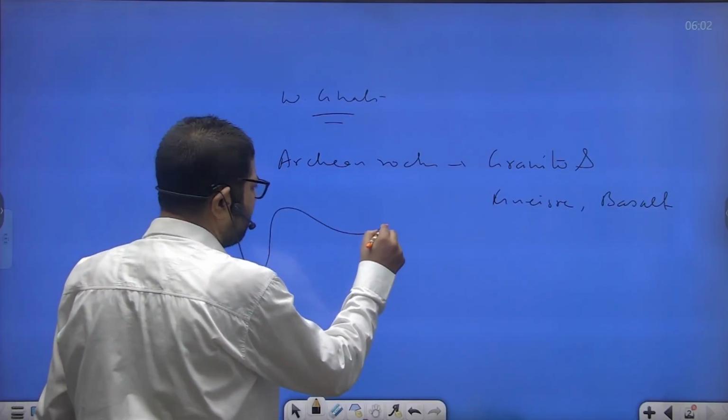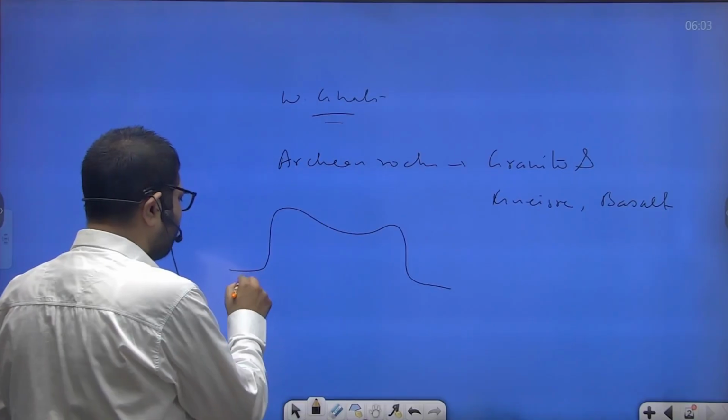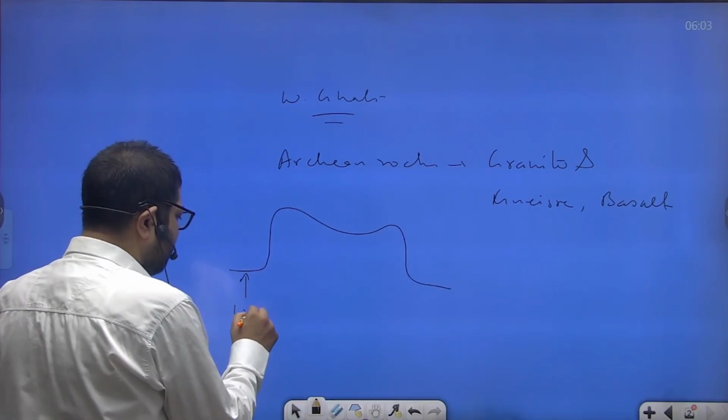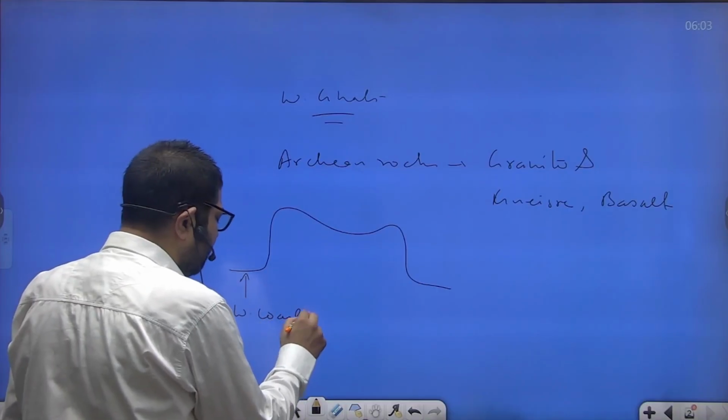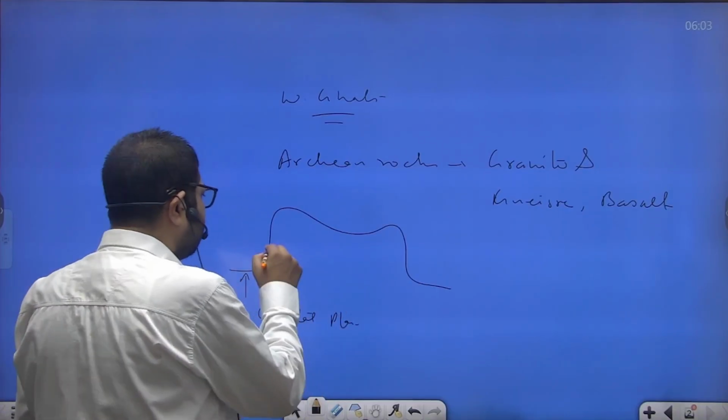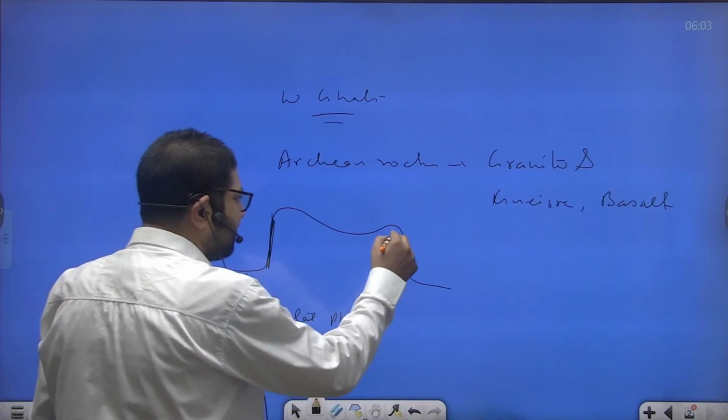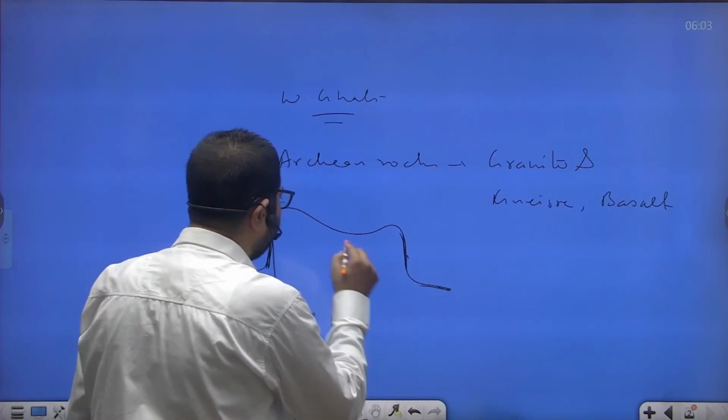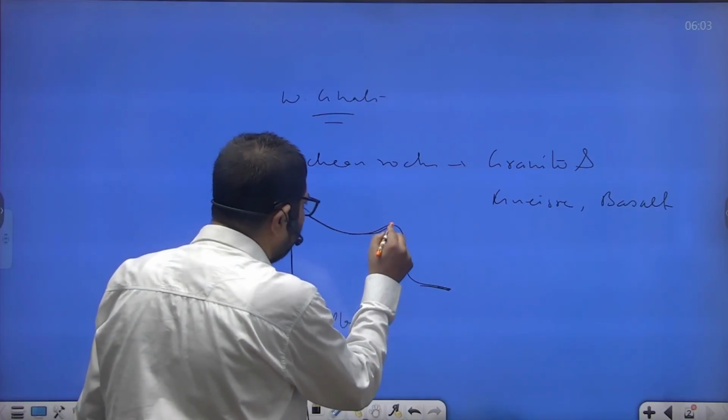This is Peninsula Plateau. This is West Coastal Plain. This is Western Ghat. This is Eastern Ghat. This is East Coastal Plain, and this is Peninsula Plateau.